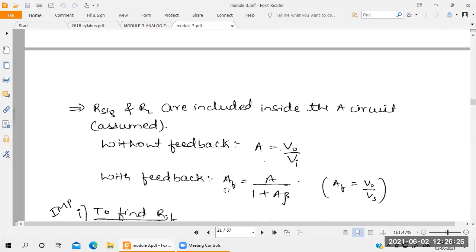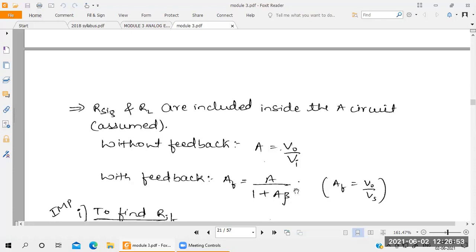So write the amplifier gain with feedback, that is A divided by 1 plus A beta. A means what here? Open loop gain. 1 plus A beta means what here? It's the feedback factor. Understood? That is the difference here. 1 divided by 1 plus A beta is the feedback factor. You want to join the amplifier gain and feedback gain here. For that you can write AF is equal to A divided by 1 plus A beta.